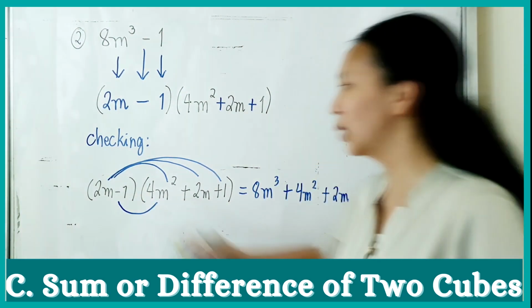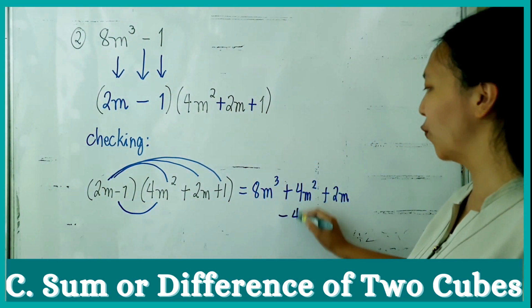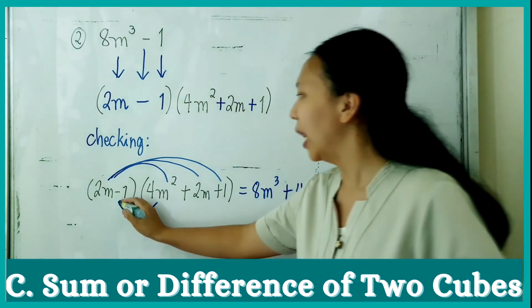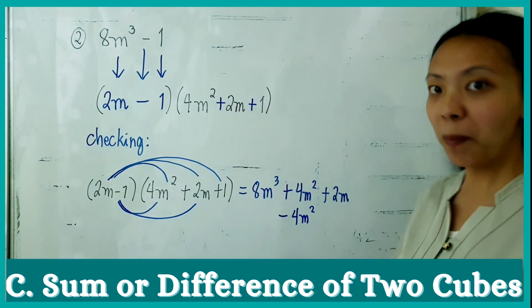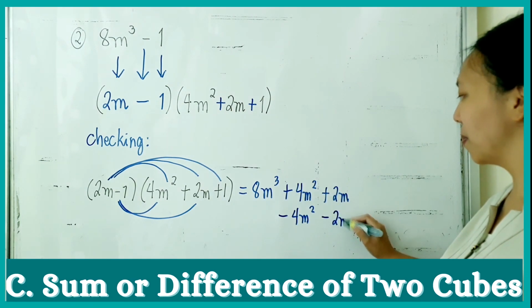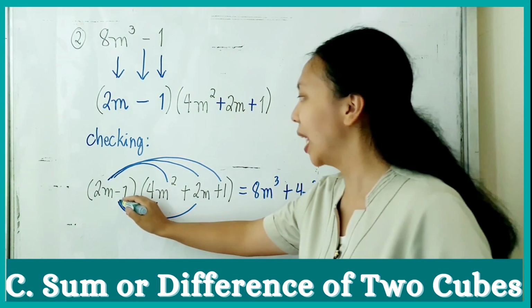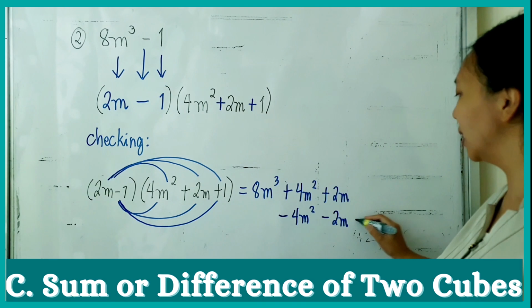Negative 1 times 4m squared is negative 4m squared. Negative 1 times 2m is negative 2m. And finally, negative 1 times 1 is negative 1.